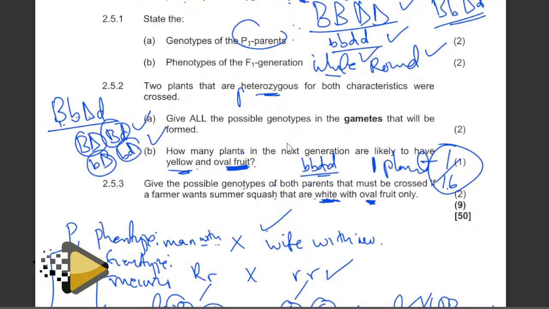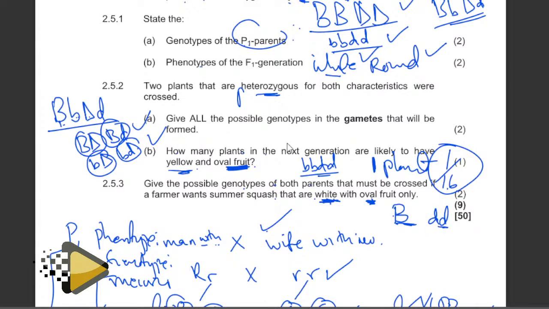If you want white, which is a capital letter, and oval, which is a small letter, meaning the resultant must have a capital B and two small d's, because oval is recessive.